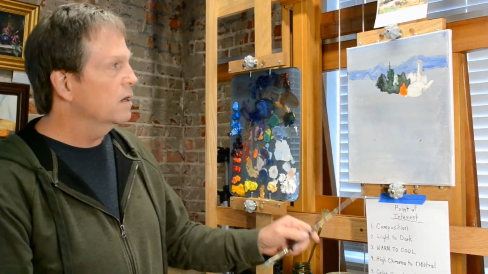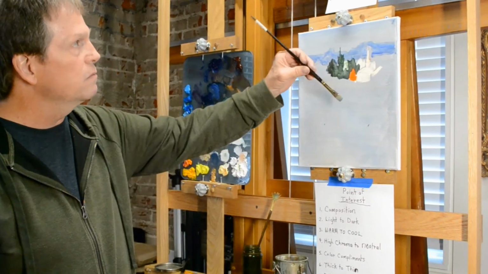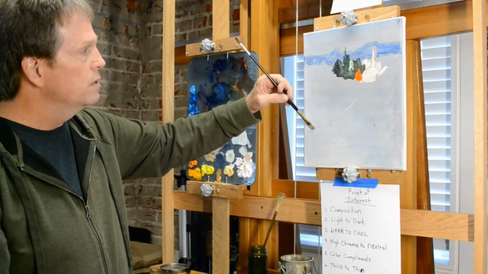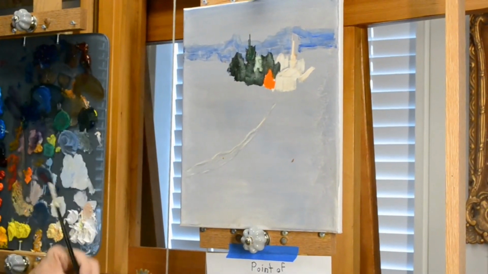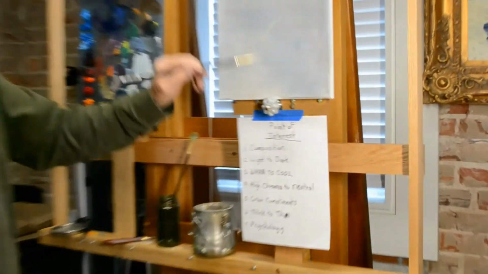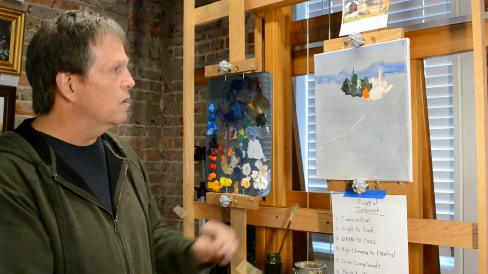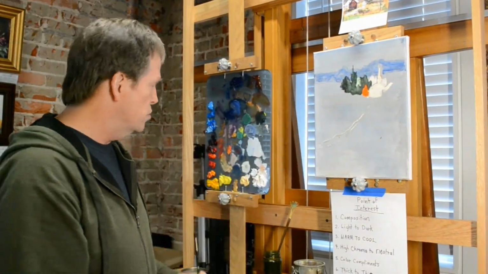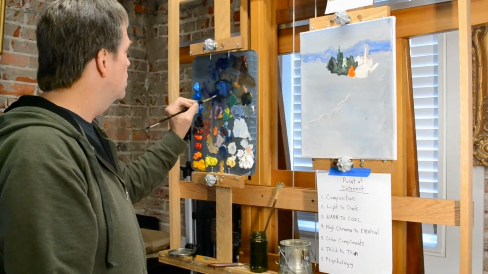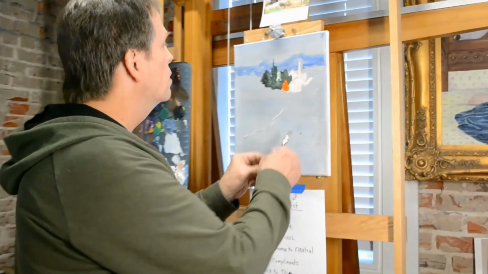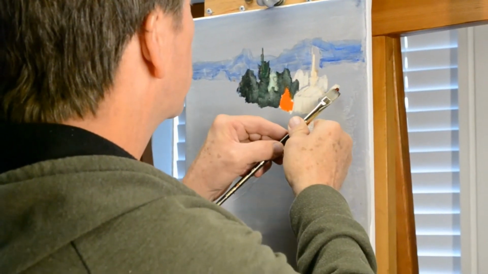We've got composition, getting it in the right spot. Leading the eye in would be the job of this road to a certain extent. And then light to dark. So we could really work on getting some of these darks built up around this white church to get more of a sense of that light to dark.